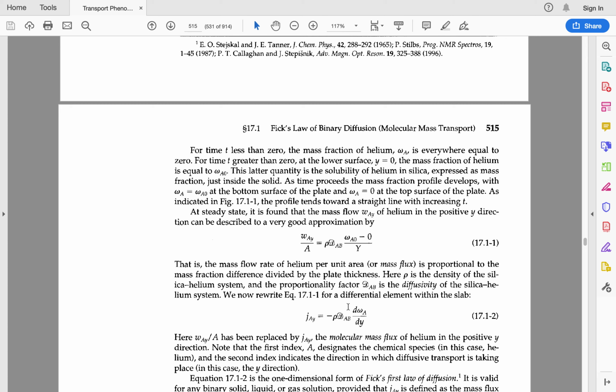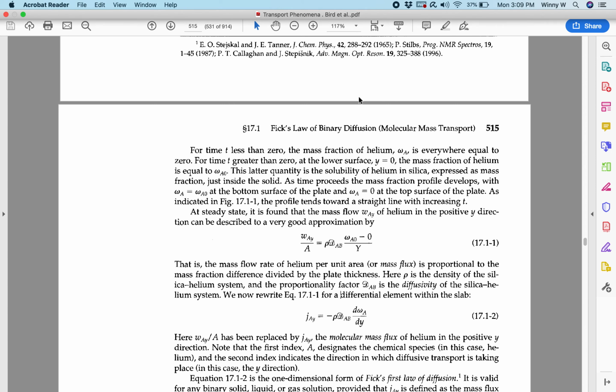Here omega AY has been replaced by JAY, the molecular mass flux of helium in the positive Y direction. Note that the first index A designates the chemical species, in this case helium, and the second index indicates the direction in which diffusive transport is taking place. In this case it is the Y direction.